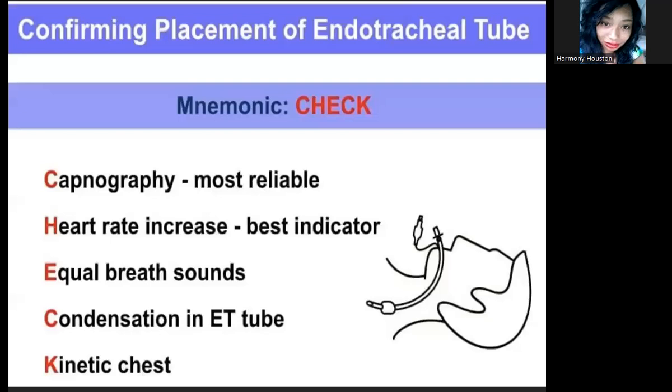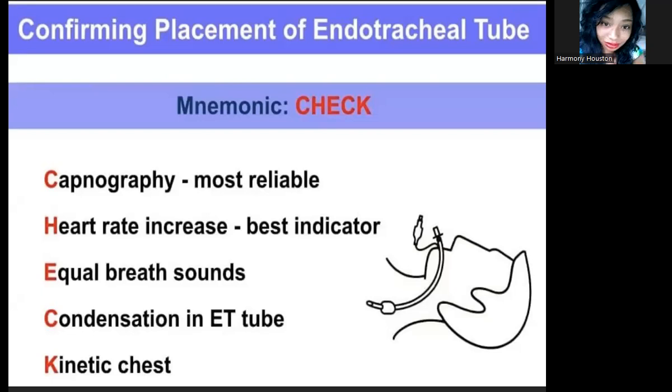All right. How about we check the airway: capnography, heart rate increase, equal breath sounds, condensation in the tube, and kinetic chest. Capnography is the most reliable indicator that you've gotten the tube in the right spot. You cannot get CO2 from the guts.